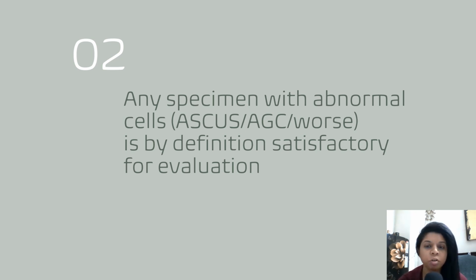If there are no abnormal cells and there is this much obscuring factor, then you say it is unsatisfactory. But if there are some abnormal cells, you are going to report the slide and obviously say it is satisfactory for evaluation. If it is not satisfactory, then the report is also not valuable. That is why we use it like that.